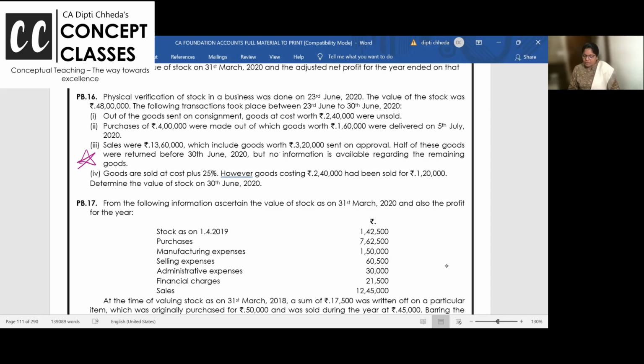Half of these goods were returned, but no information is available. Goods are sold at cost plus 25. The equation is clear: cost is 100, plus 25 is 125. However, goods costing 240 have been sold for 120. Determine the value of the stock as on 30th June. Okay? All clear?